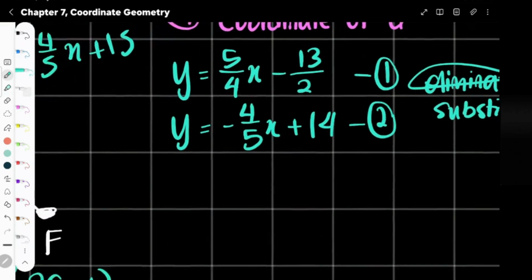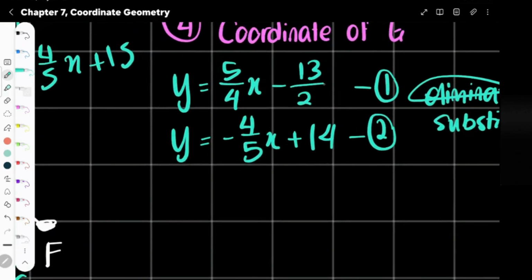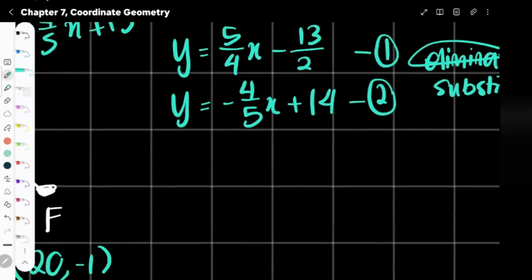So we know y is equal to this one here, and we know y is equal to this one here. So let's compare. This will be y1, this y2.